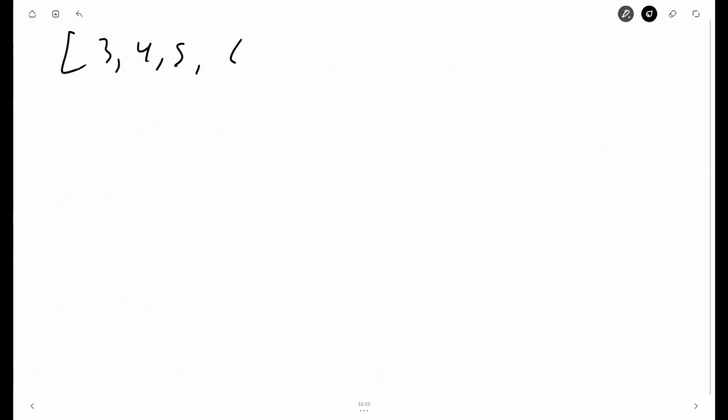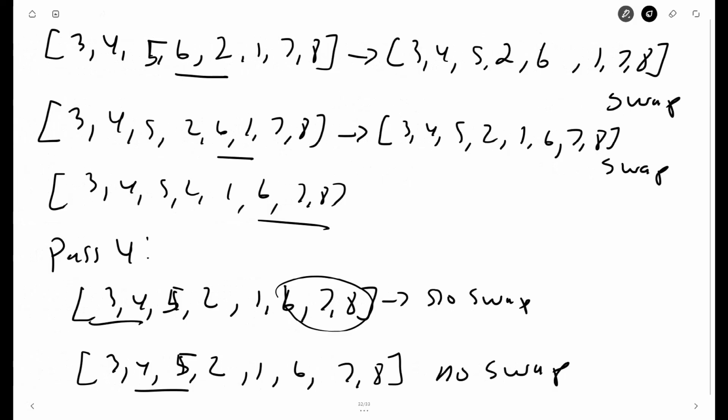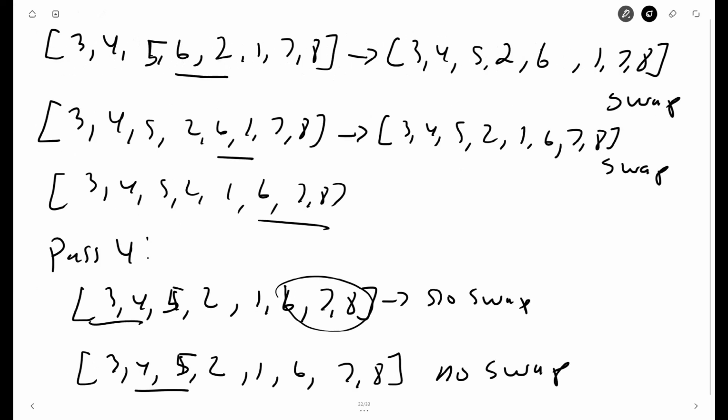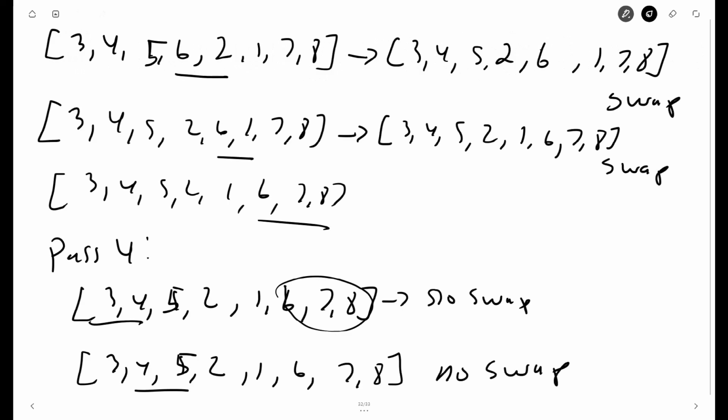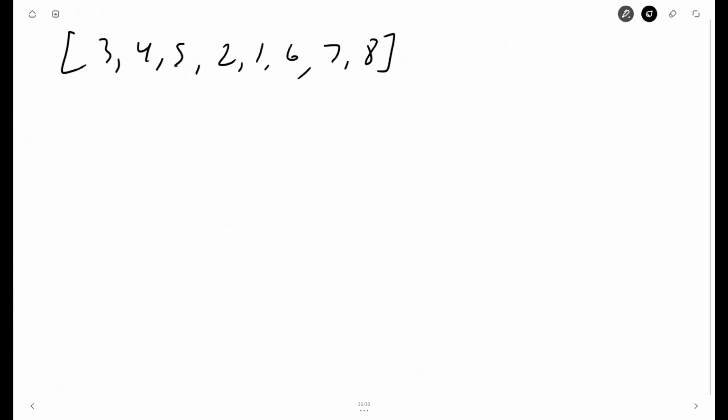3 4 5 2 1 6 7 8. So we did 4 5. Now we're gonna do 5 2. That's a swap. So we're gonna do 3 4 2 5 1 6 7 8.